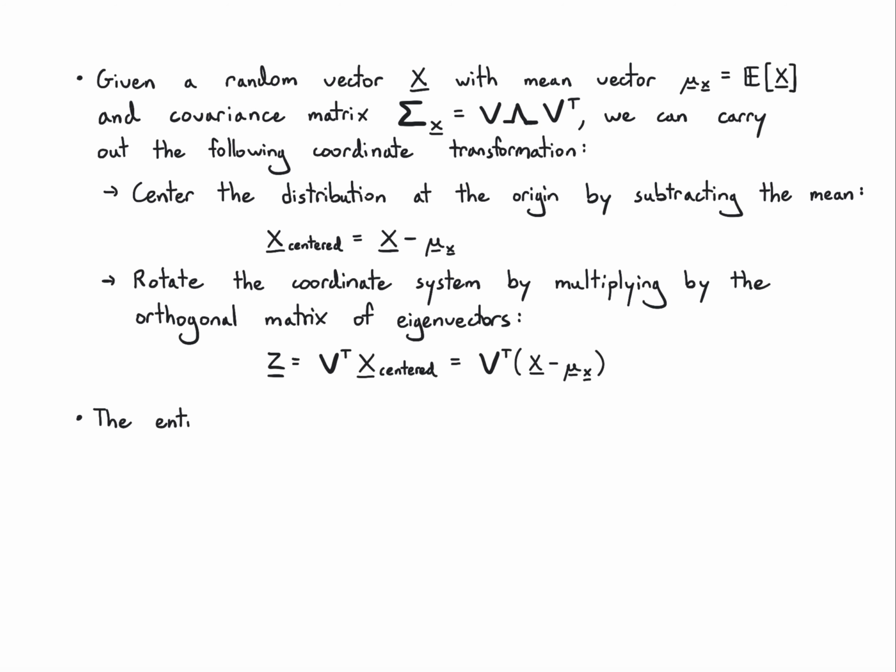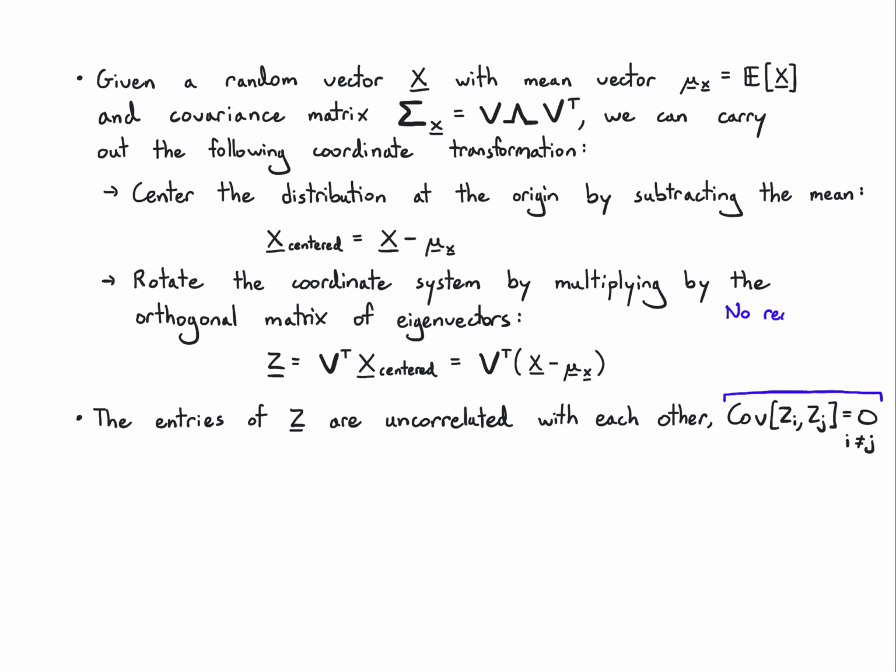Turns out after I do this, the entries of z are orthogonal, or uncorrelated, with each other. So the covariance of z_i and z_j is always 0 if i is not equal to j, and that means that there's no redundancy between these transformed features. Okay, so in my original feature space x, there might be a lot of correlation between neighboring pixels, right?